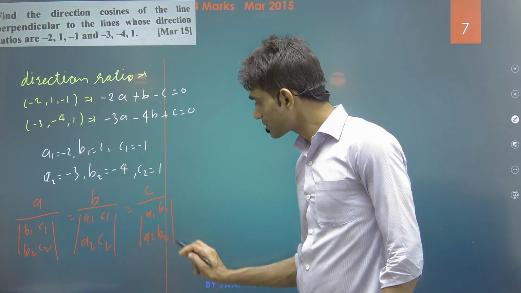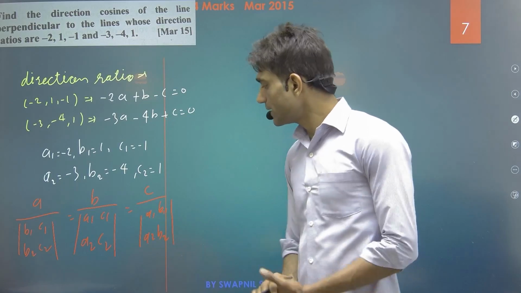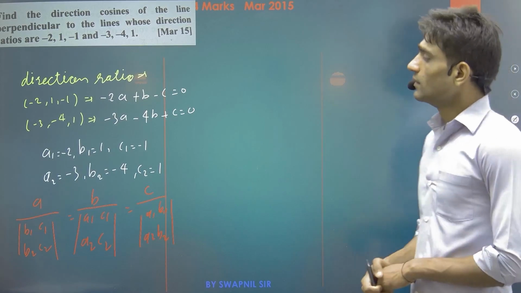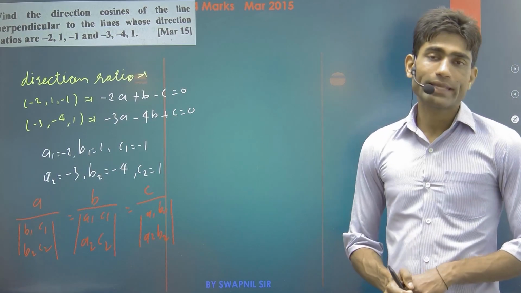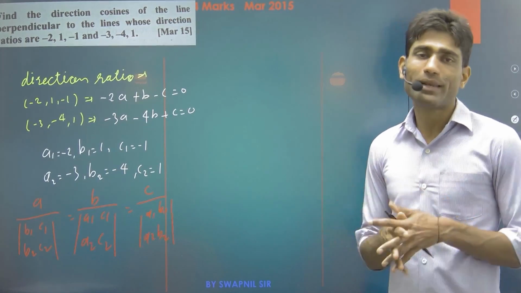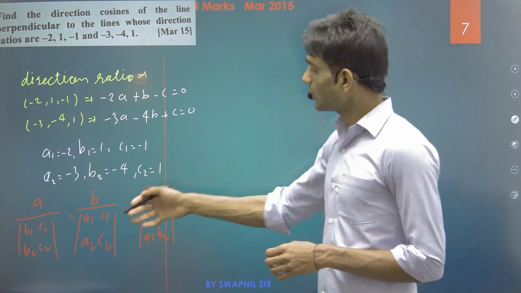This is our standard form for finding the direction ratios of a perpendicular line, so whenever we have a perpendicular line, apply this result. Now put all these values.